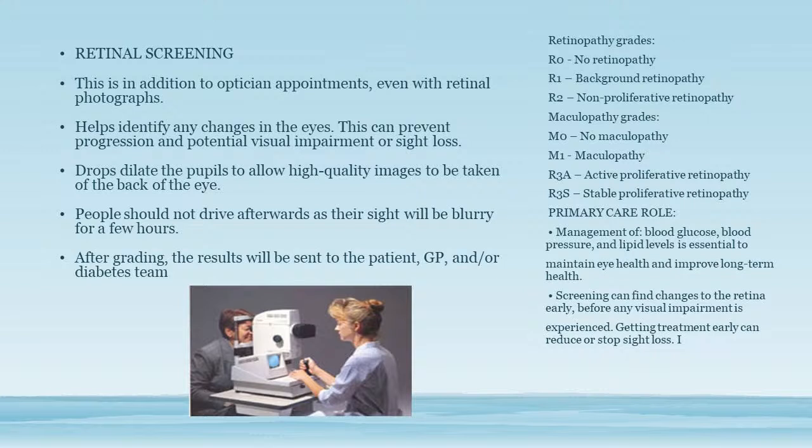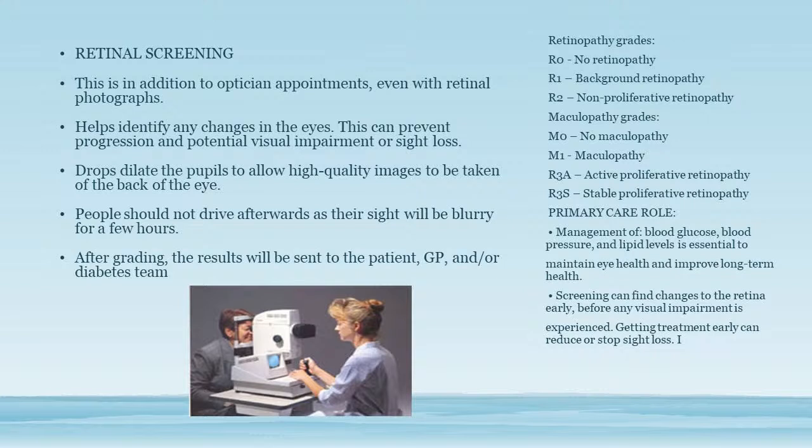So, retinal screening. I've just put a list of grades, because patients will say, well, what does R1 mean? What does that mean? So I've put the retinal grades there. Most patients with diabetes will get some background retinopathy, especially if you've had diabetes for a long time.